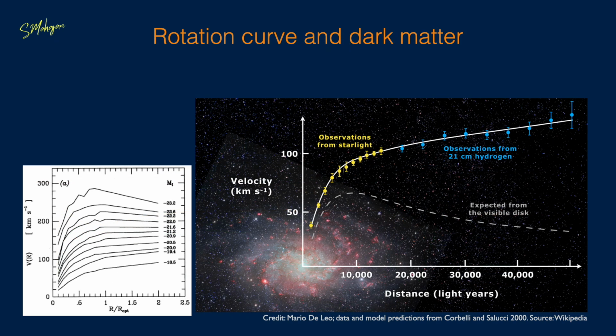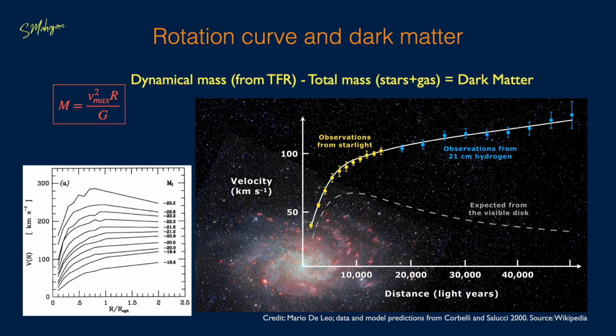In fact, the flat rotation curve implies that the total mass of a galaxy can be given by this relation, where r is the distance from the center of the galaxy corresponding to the flat part. The exact value of r is not important as long as velocity as a function of r remains constant. This means that the dynamical mass of a galaxy, when compared with the visible mass comprising stars and gas, reveals the presence of dark matter in spiral galaxies.